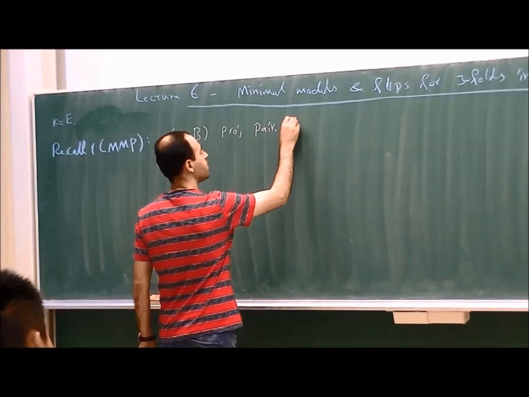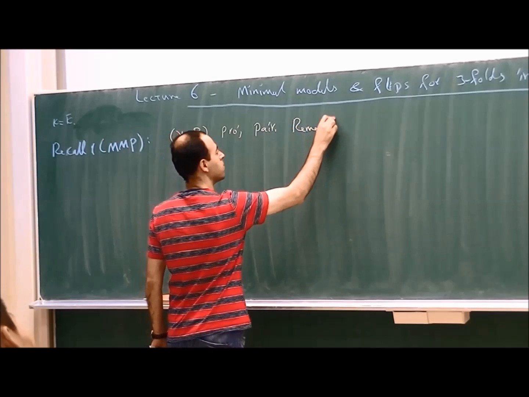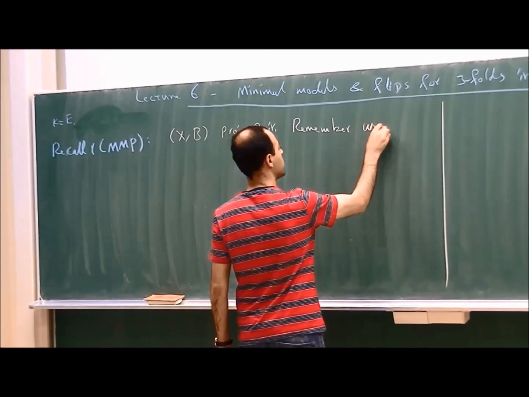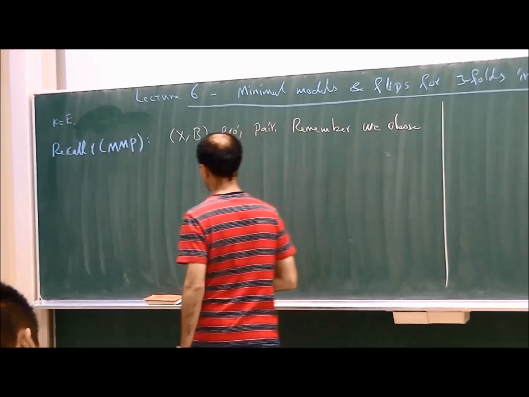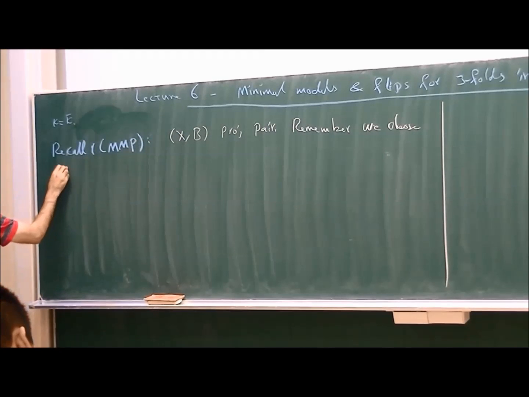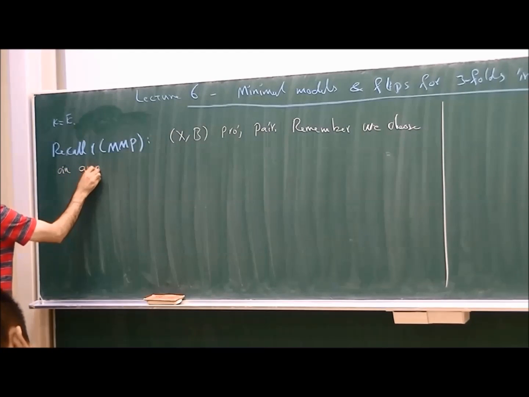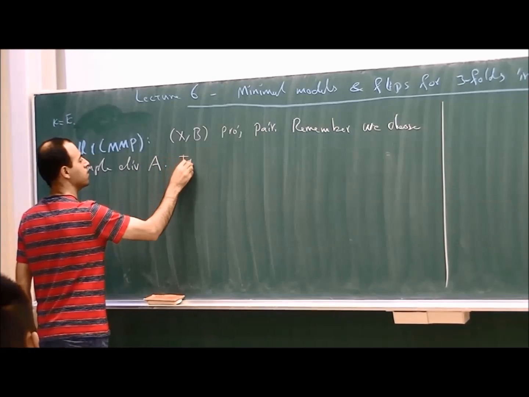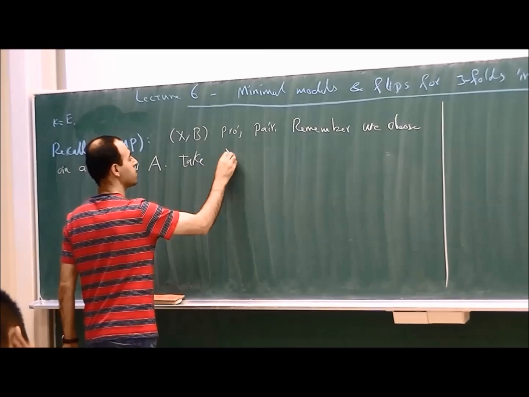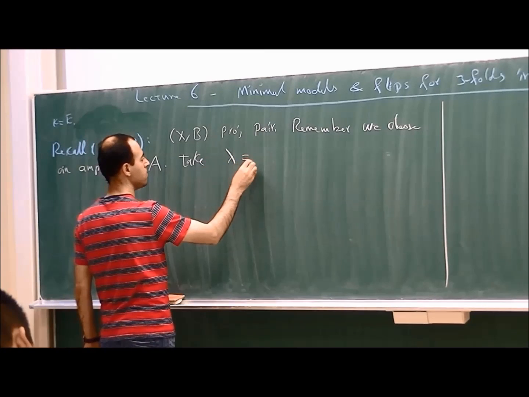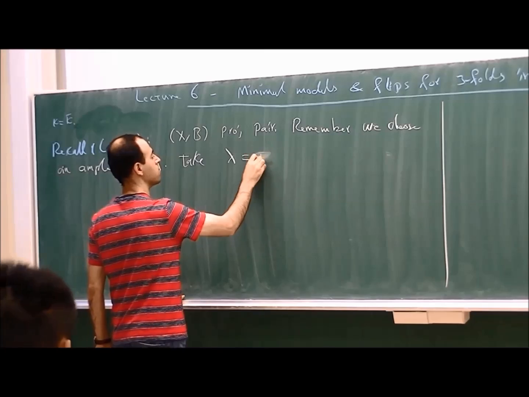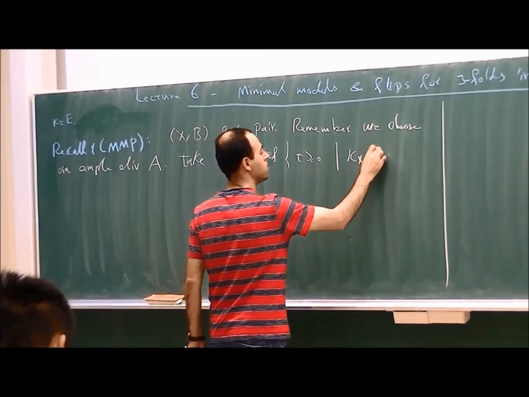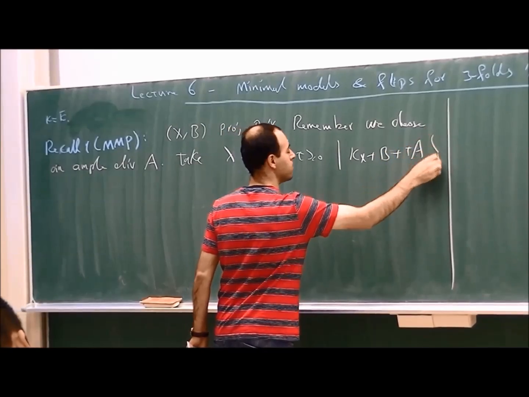So remember what I used to do was to take an ample divisor, let's say A, and then we take lambda to be the infimum of all the t such that K_X+B+tA is nef.